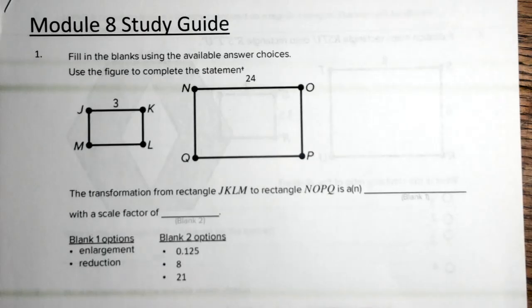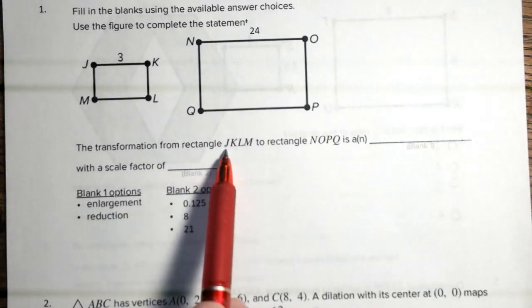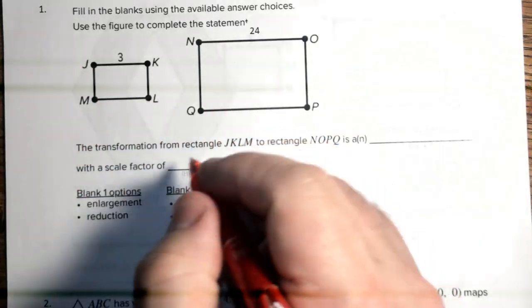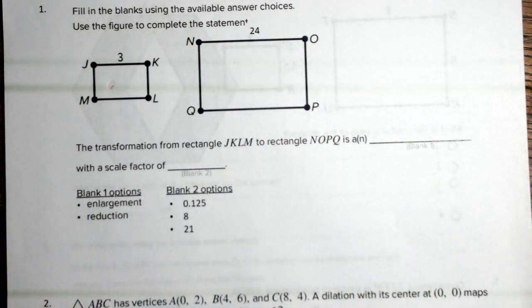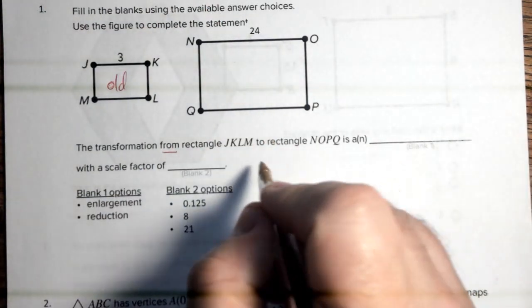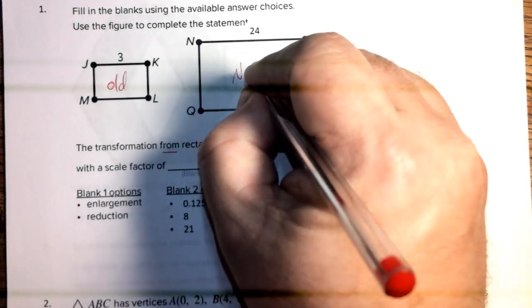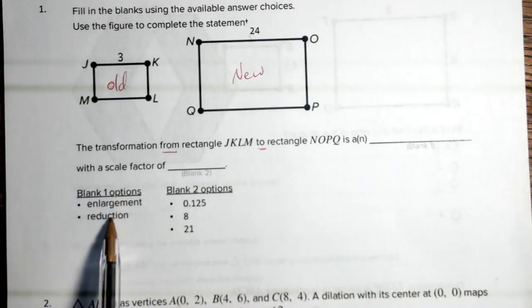Number 1, fill in the blanks using the available answer choices. Use the figure to complete the statement. The transformation from rectangle JKLM, this is our old, to NOPQ, this is our new, is a blank with a scale factor of blank, so it's an enlargement or a reduction.